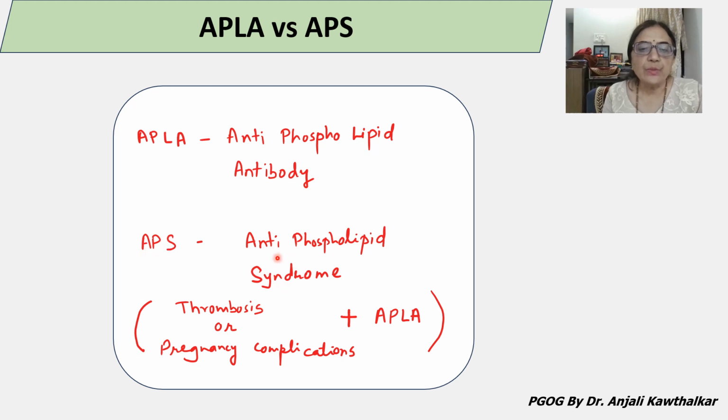What is necessary for antiphospholipid syndrome is the presence of antiphospholipid antibodies along with either vascular thrombosis or pregnancy complications. So in other words, if I say the patient has aPL, that is, antiphospholipid antibodies are detectable in the blood, that doesn't mean that she has antiphospholipid syndrome.